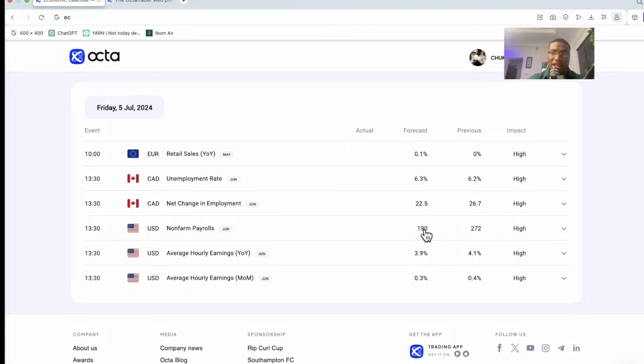So if you get anything within the range of 170, 160, then we expect that to be good for the dollar, right? It could send the dollar some gains. Maybe not so much because the dollar is still weak, but at least get it away from the support level that it's sitting at currently. Anything higher than that would just be negative for the dollar.